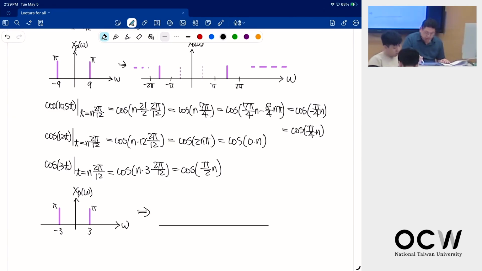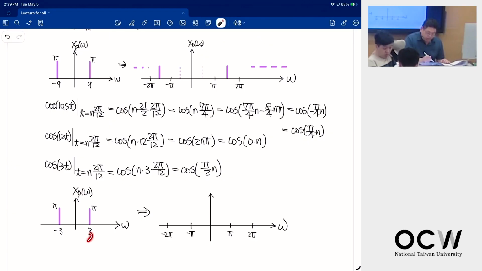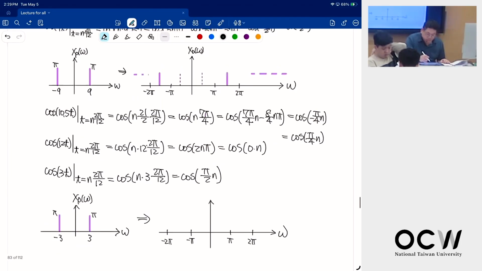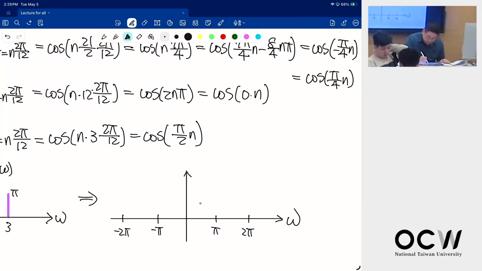Then for the discrete time Fourier transform, we have pi, and 2 pi, minus 2 pi. 3 times Ts will be pi over 2. So in the beginning, that's your signal here, at pi over 2 and also minus pi over 2.